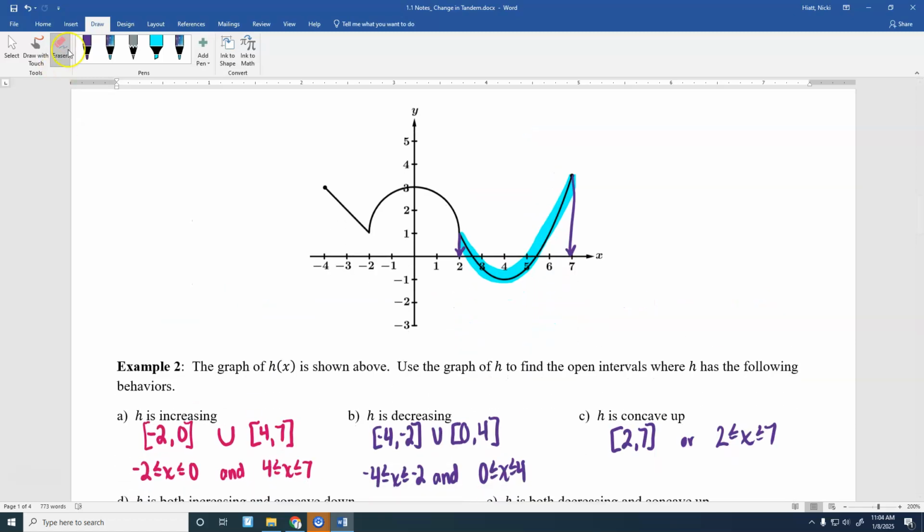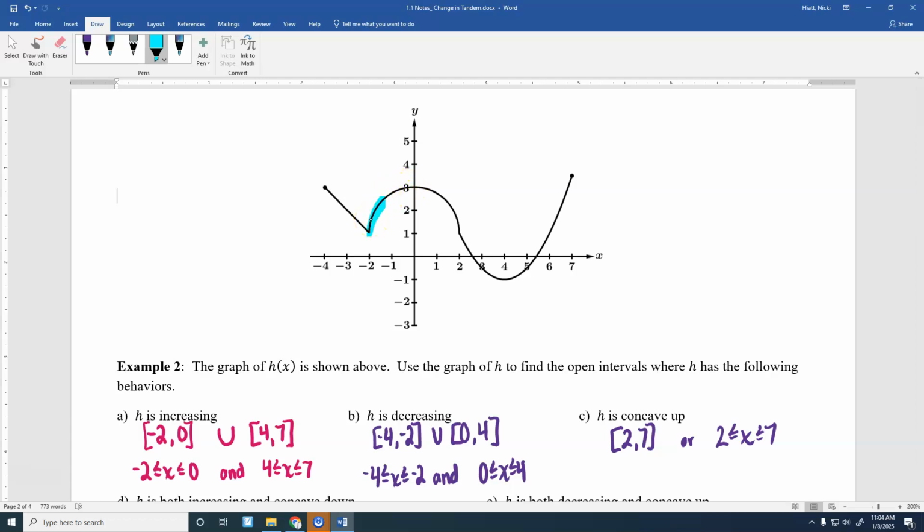So we have to think about both concavity and increasing or decreasing. So, let's see if it'll let me erase my, oh, why is it not working? There we go. All right, so I need to be increasing, but also concave down. So this is increasing. Is it concave down? Yes.